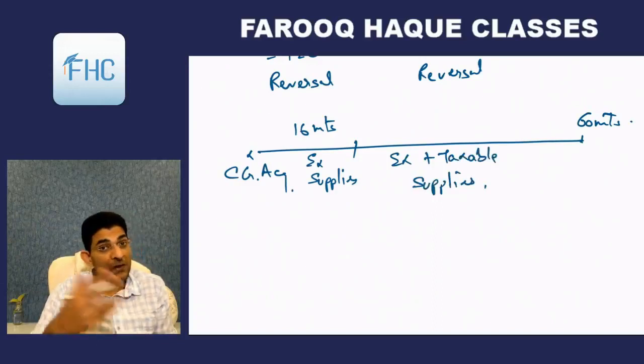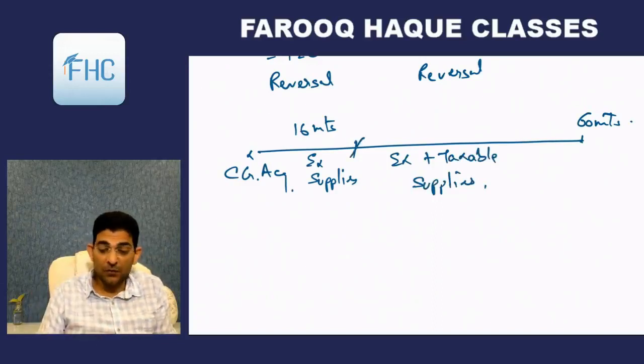So now the question is that I should be entitled to credit at this point when I am shifting the use to partly exempt and partly taxable supplies.